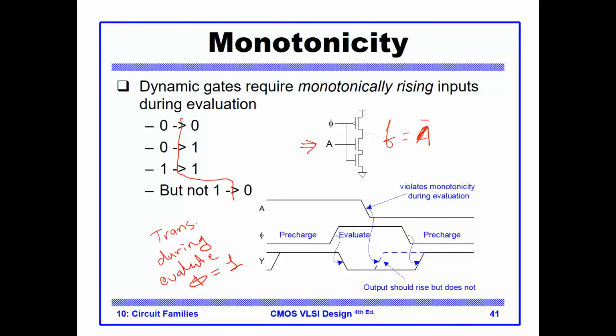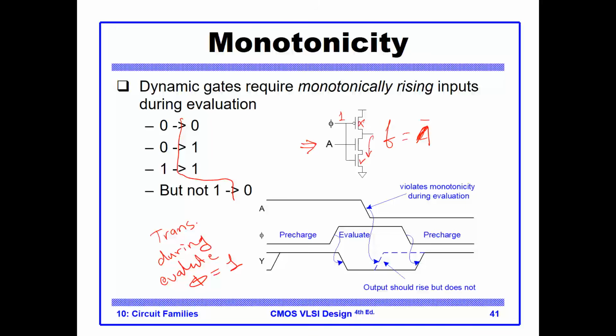Well, during the evaluate, when the clock equals 1, this is off and this is on. If A is 0 and remains 0, there is really no harm. Similarly, if A is 1 and remains 1, it will be discharged and no harm. Similarly, if A was 0 and then becomes 1, we will discharge the output, no problem.